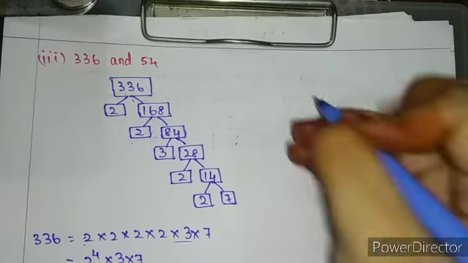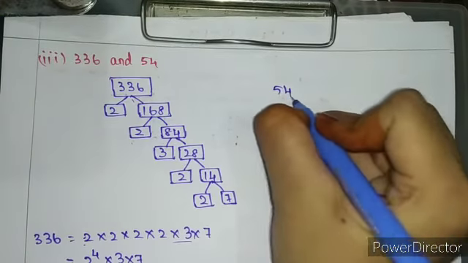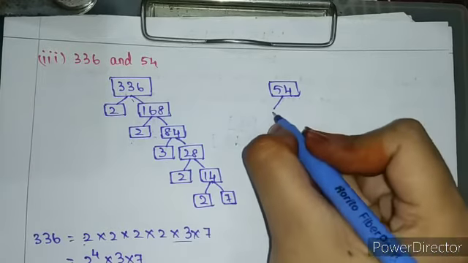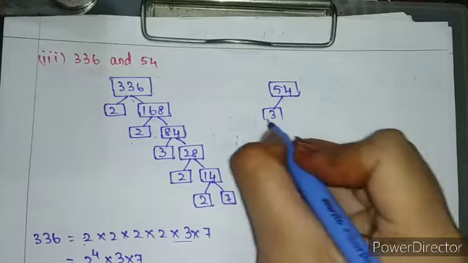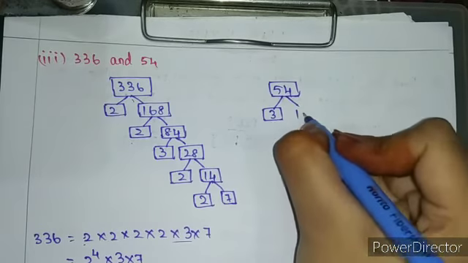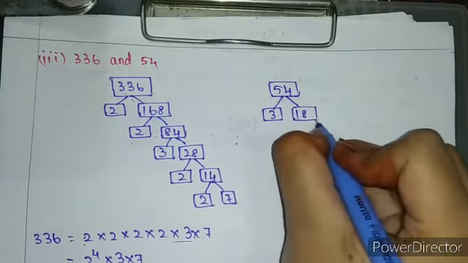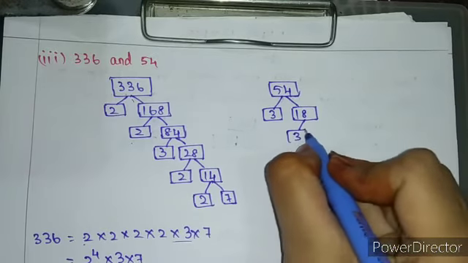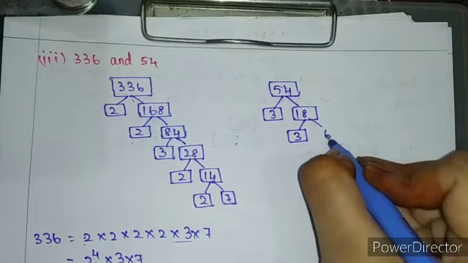Now factorize the number 54. When we factorize it, 3 into 18 makes 54. And this 18 can be written as 3 into 6.